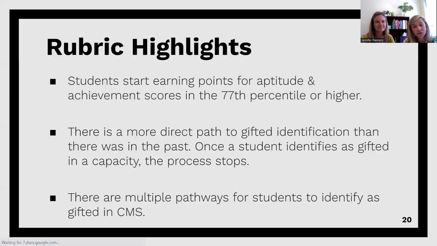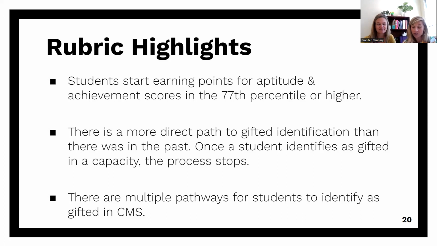Okay, now we're going to introduce you to our CMS identification rubric. Just some highlights. The students start earning points for aptitude and achievement scores in the 77th percentile or higher that Jen just mentioned. There is a more direct path to gifted identification than there was in the past. Once a student identifies as gifted in a capacity, the process stops.